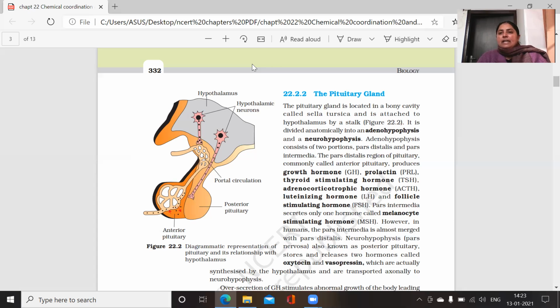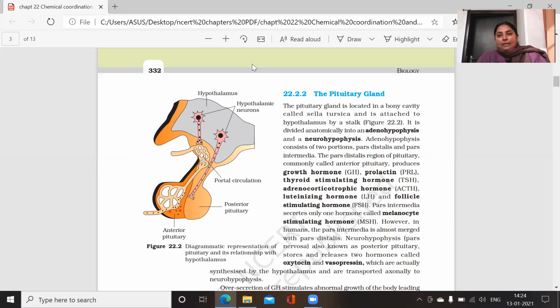The pars distalis region of the pituitary gland, which is commonly called the anterior pituitary, produces so many hormones such as growth hormone, GH, prolactin, PRL, thyroid stimulating hormone, TSH, adrenocorticotropic hormone, ACTH, luteinizing hormone, LH, and follicle stimulating hormone, FSH.